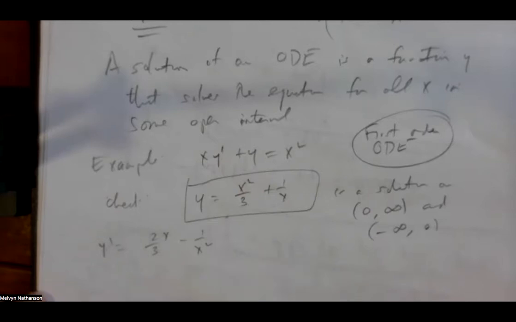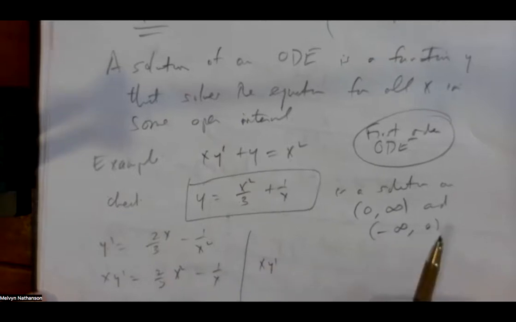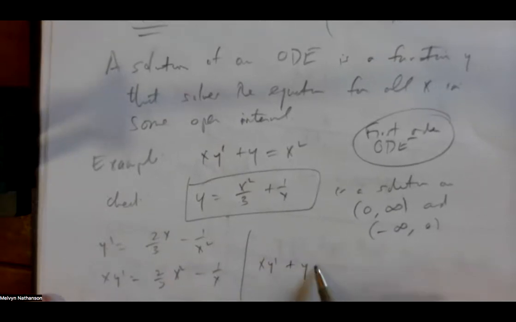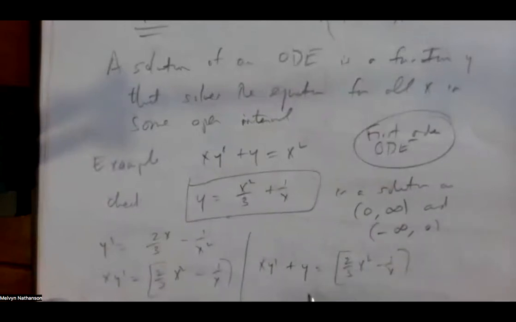So x y prime is equal to 2/3 x squared minus 1 over x. And x y prime plus y, this is x y prime, 2/3 x squared minus 1 over x, plus y.